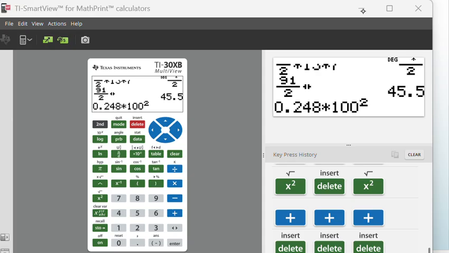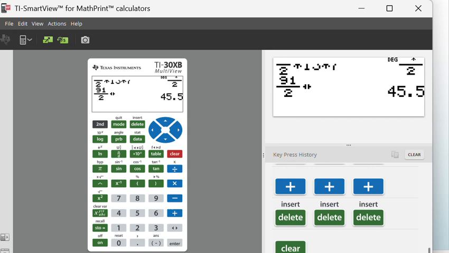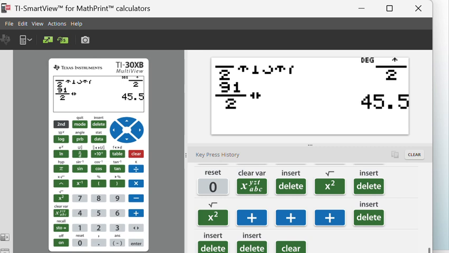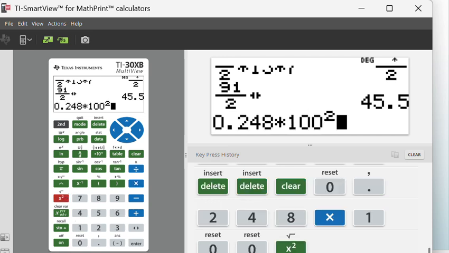But do note that it is pretty much 2,480 centimeters squared. Okay, make sure you put in your units of measurement at the end. Now, I don't know why this calculator is acting up. Let's try this again. Oh, there we go.